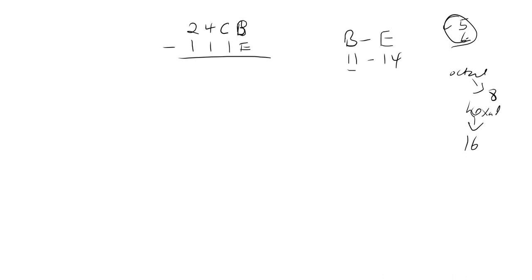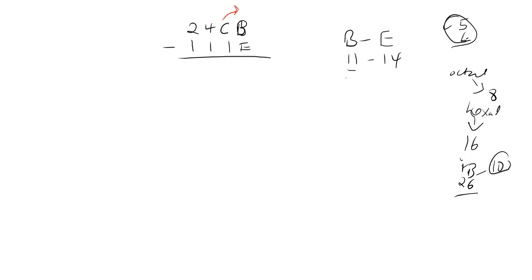For example, if we are having 13 minus 6, 3 minus 6, we borrow here and we get 13, meaning we have borrowed a whole 10. So in this case now, we borrow 16 from C.